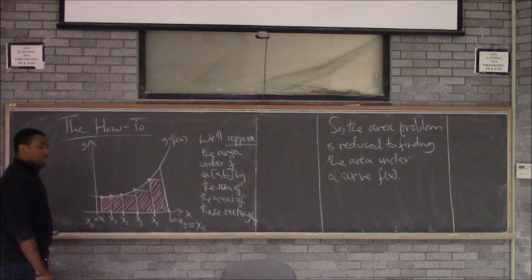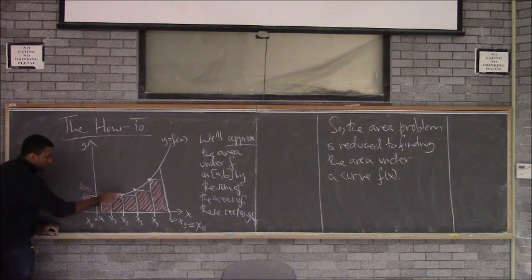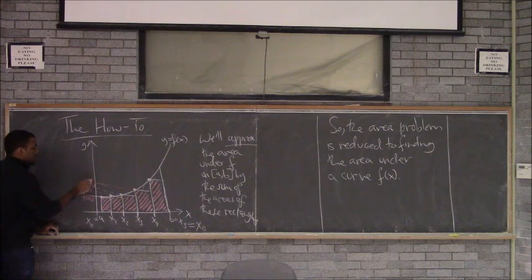What I want you to notice here is that we'll automatically be able to figure out the heights of the rectangles. If I come across here, notice that this height is f of x0, whereas the height over here is f of x1, the height over here is f of x2, the height here is f of x3, and so on, right?